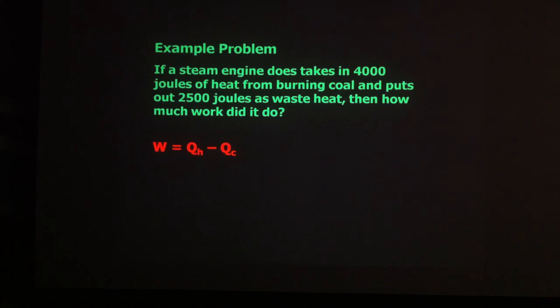So QH is the heat added at the high temperature, and QC is the heat expelled at the cold reservoir. So the heat added was 4,000 joules, and the heat expelled was 2,500 joules. So the amount of work done is going to be simply 1,500 joules.